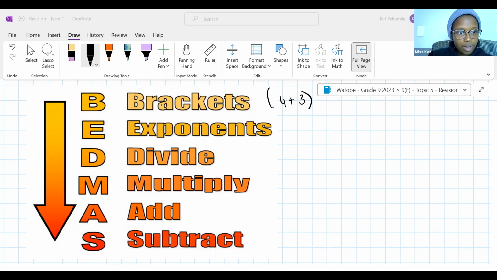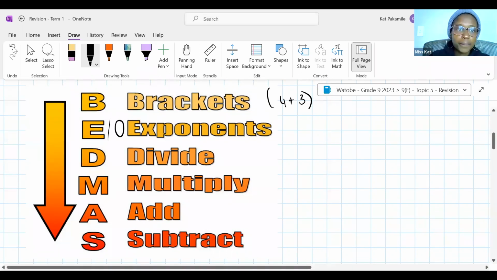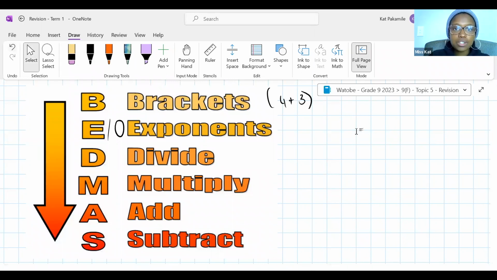If you want to write E or O, that is okay, as long as you understand what the order of doing it is. But I prefer exponents because we work a lot with exponents in this grade. We've done so many exponents, including the laws. So I do prefer E, just so you know where exponents fit in. But it's fine if you prefer the O, okay?